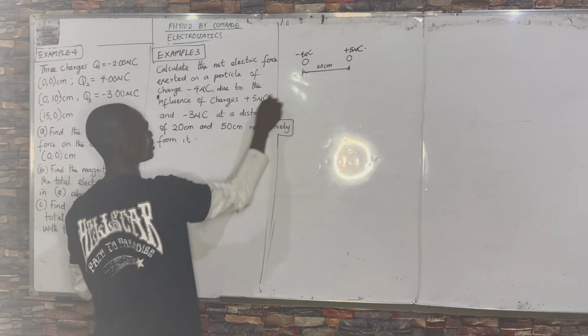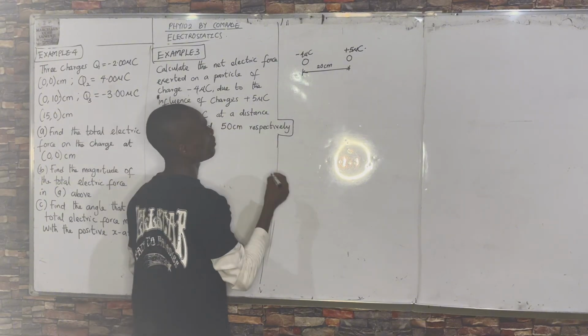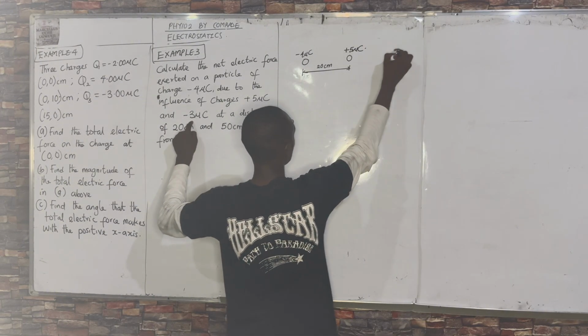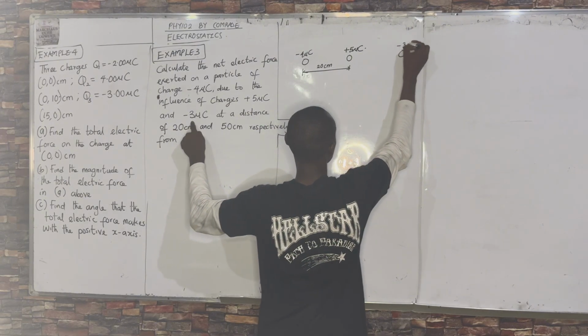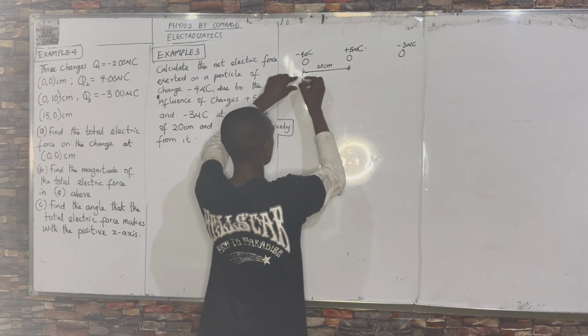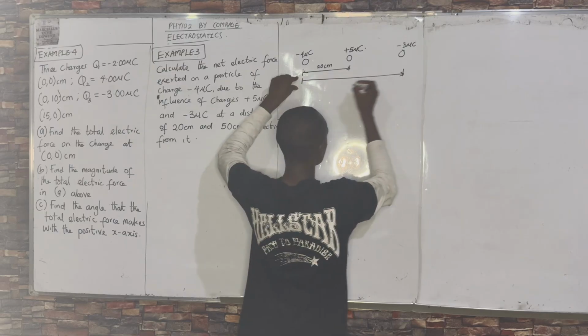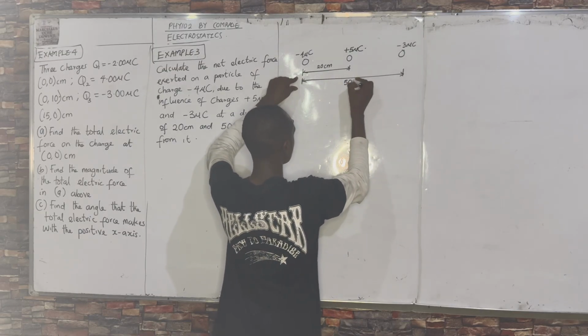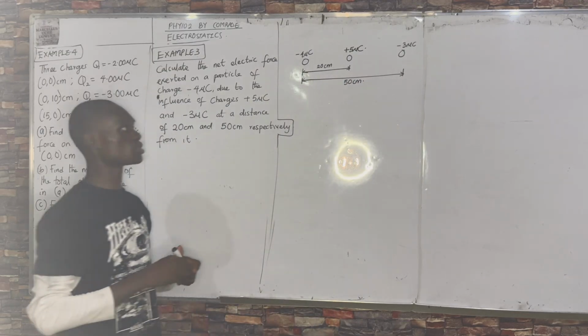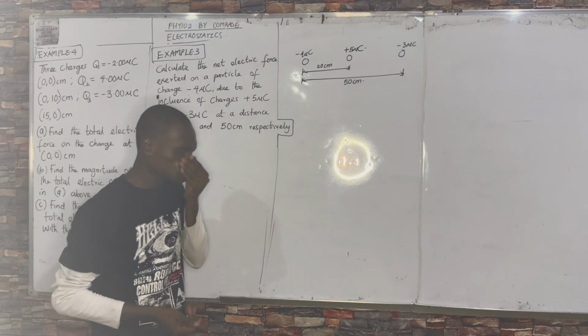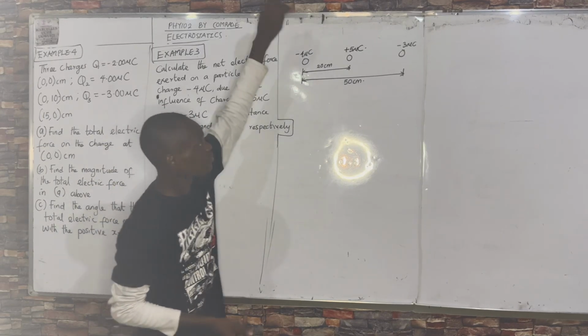And the distance is 20. So there's now another charge which is minus 3 microcoulomb, and the distance from this one to that particular one is 50 centimeters. So that's the diagram.